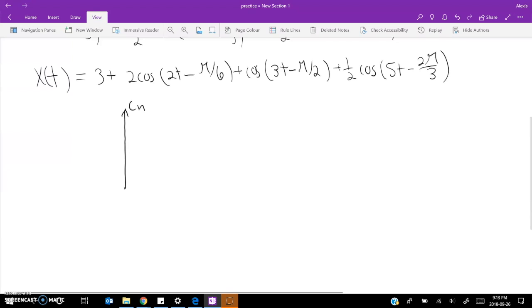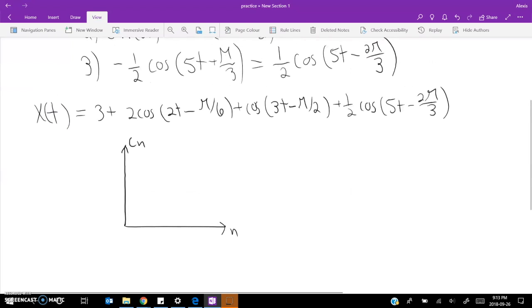We have Cn on this graph, and on this side we are going to get it as a function of n. Looking at our function, the y-axis is going to take the following values. There's going to be a value of a half from the last term, a value of 1 for the term before last, a value of 2, and for our constant, a value of 3.